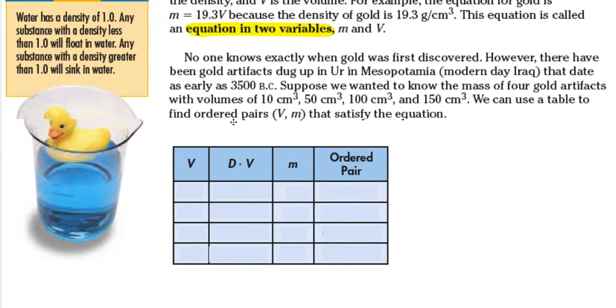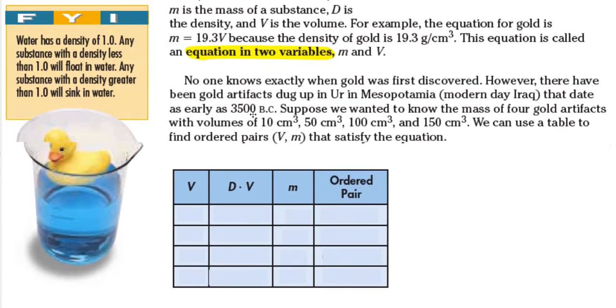We can use a table to find ordered pairs (V, m) that satisfy the equation. If we want to know the mass of the gold, we can use the formula m equals 19.3V, where V is given as the volume.